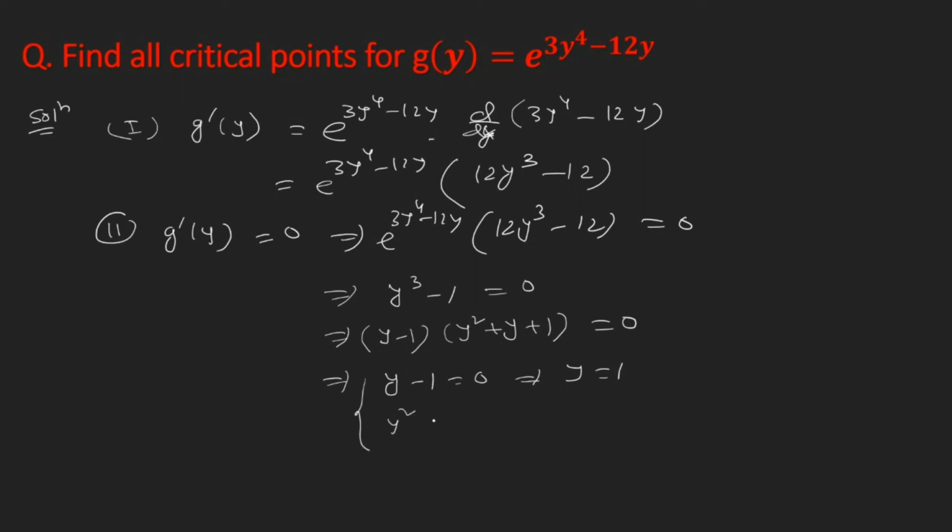And the other is y square plus y plus 1 is equal to 0, which gives y is equal to minus 1 plus or minus square root of 3 i over 2.